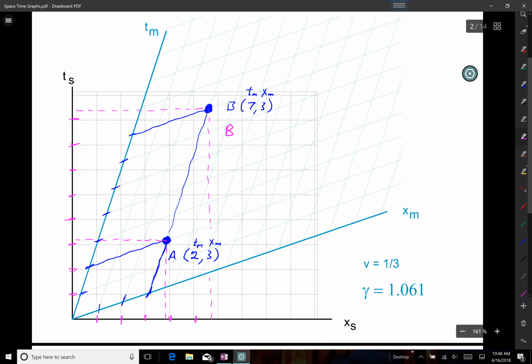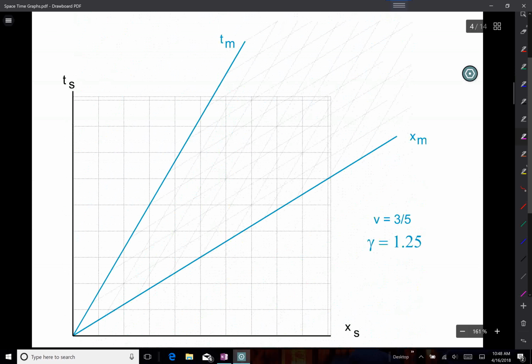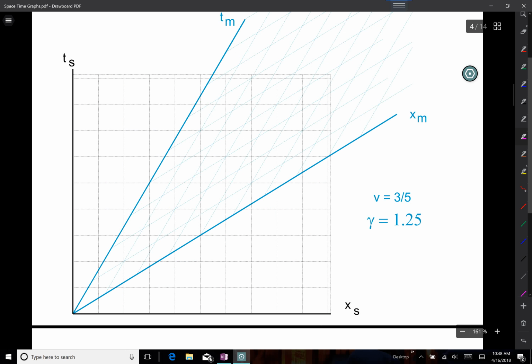So we're going to go back and we're going to pick the diagram for 3/5. There's 1/2, there's 3/5 right there. We have two spaceships. One is in the perpendicular reference frame.